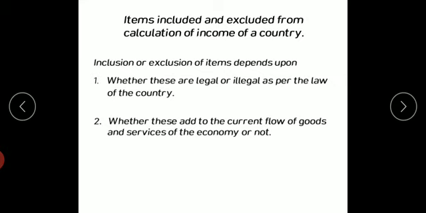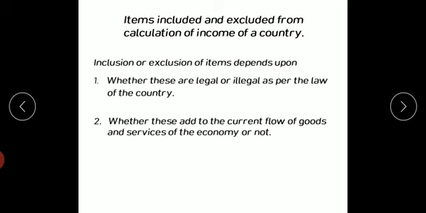Has that money been generated by producing some goods and services for the economy in the current year or not? If not, then it is not to be included. If it is generating income through a legal activity, producing goods and services, then that variable should be included.